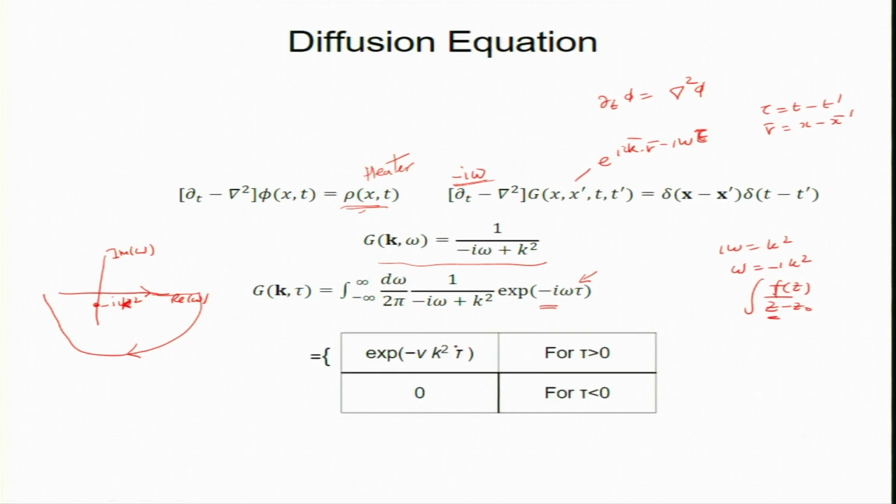So, g k tau for tau greater than 0 is minus exponential minus nu k square tau. Tau remember is t minus t prime, and it is exponentially decreasing in time. For tau less than 0 it is 0, because I need to close from the top, right, and then it has no contribution from the pole, so I get 0. So, this is my g k tau.